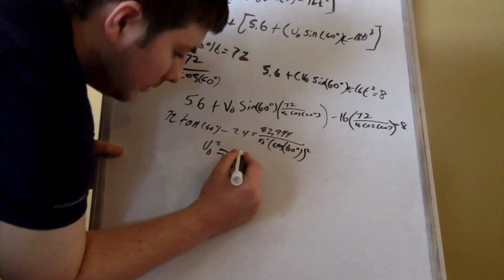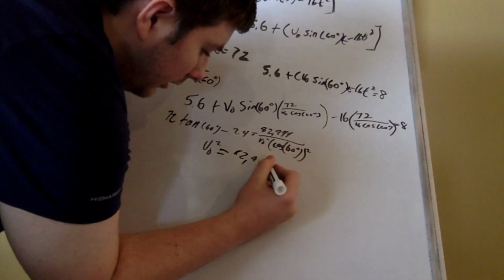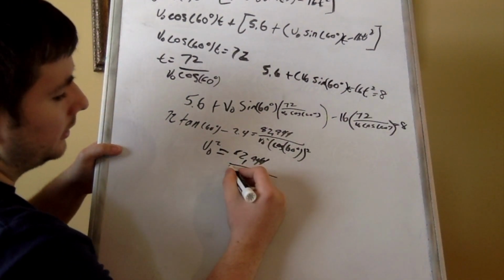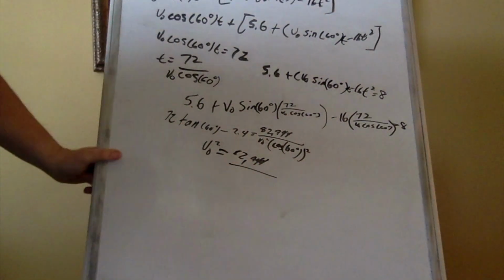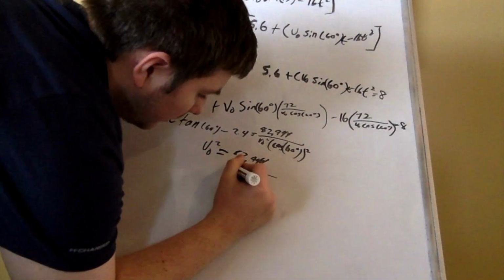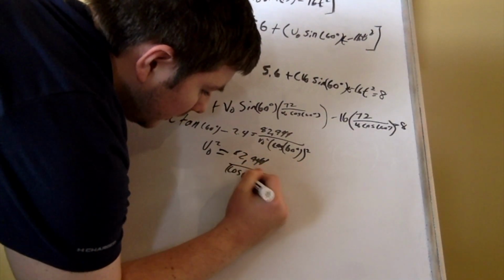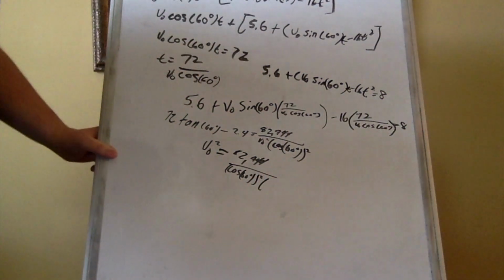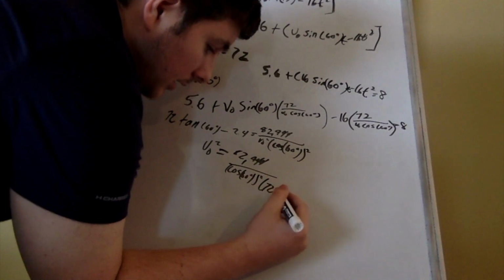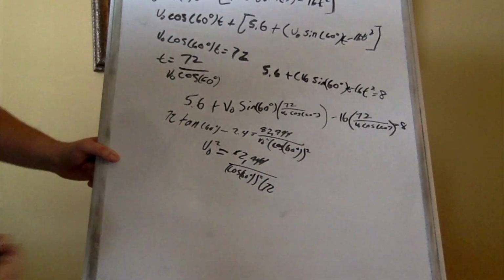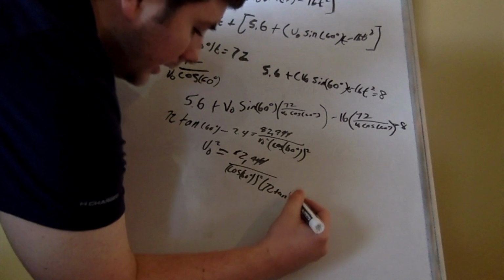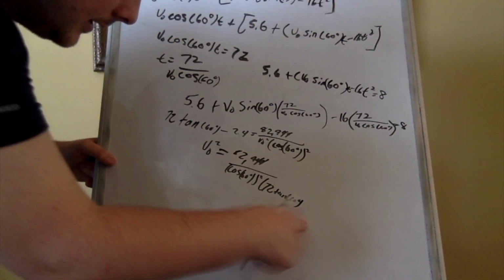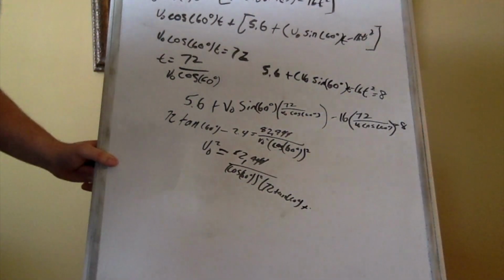So then we've got 82,944 all over cosine 60 degrees, that squared, times 72 tan 60 degrees, minus the 2.4.